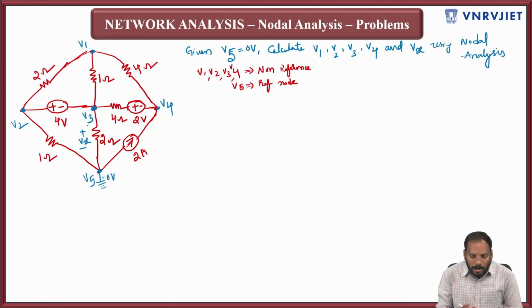Now you try to understand whether it is a case 1, case 2, or case 3 problem. However, you don't have a dependent source here, so it is not a case 2 problem. So now you try to understand whether it is case 1 or case 3. If you clearly observe, the 4 volt voltage source is connected between two non-reference nodes.